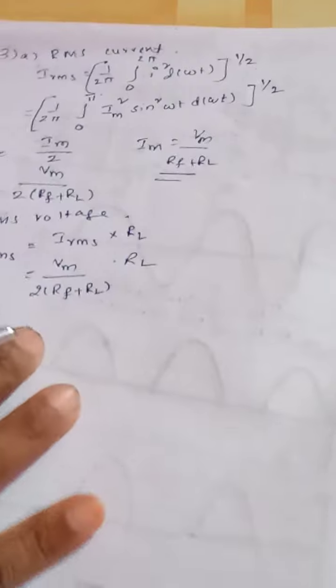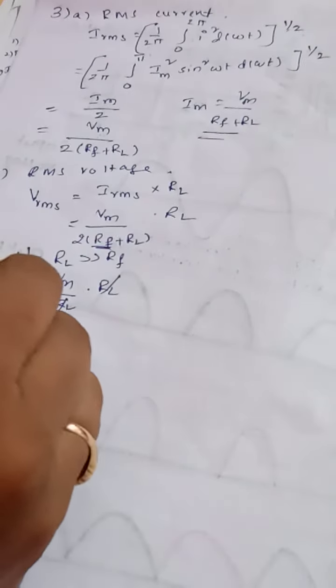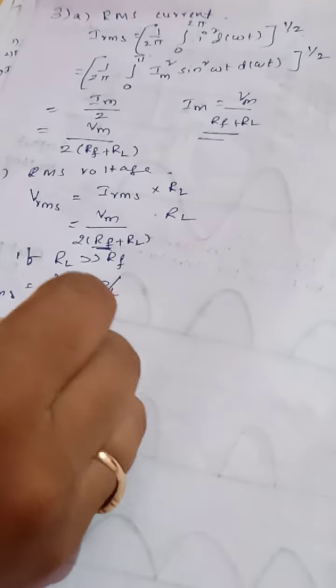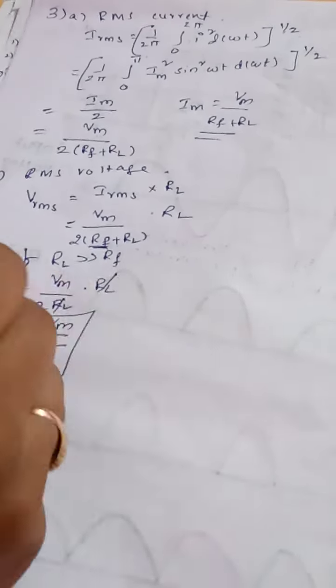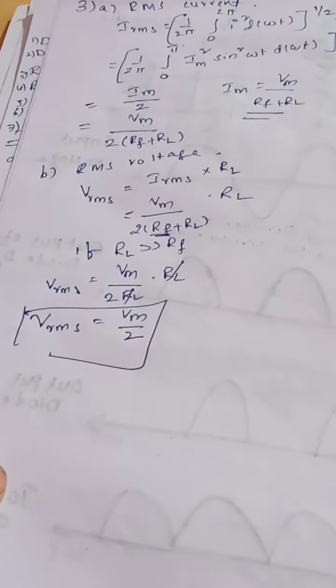If RL is far greater than RF, we can neglect RF. So Vrms becomes Vm by 2 RL into RL. RL strikes off and Vrms becomes Vm by 2. Right? This is the RMS voltage.